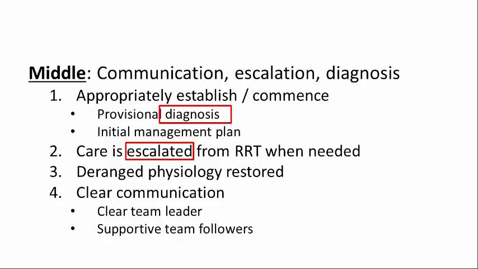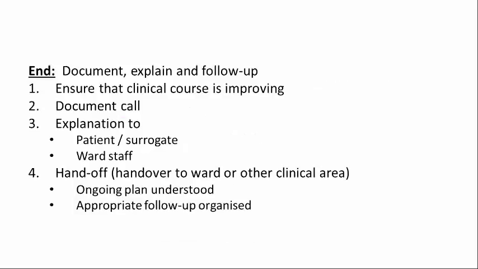If this rapid response team actually becomes a crisis for the team, they need permission to be able to escalate themselves. And there needs to be clear, closed-loop communication with a clear team leader and supportive team followers. And this is all the principles of team training with airway emergencies and every emergency in anaesthesia that has been done in the past. So at the end, they need to document, explain and follow up.